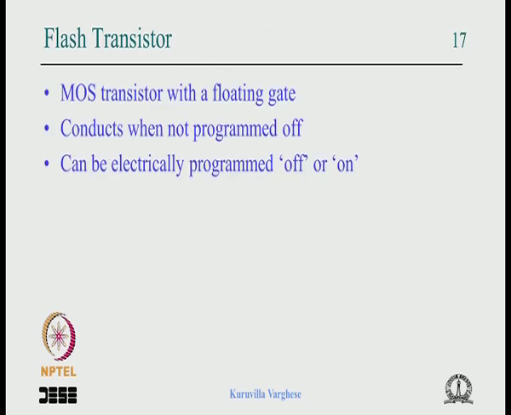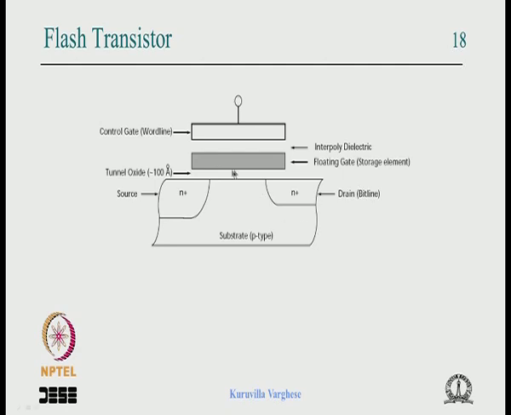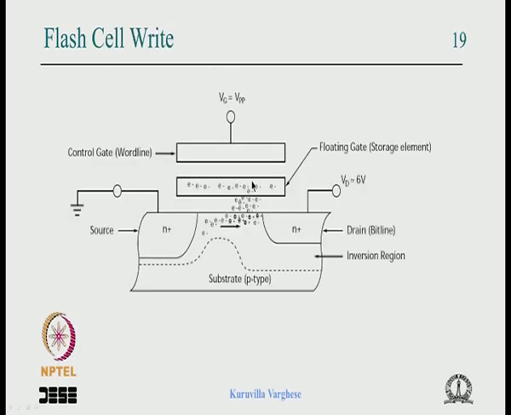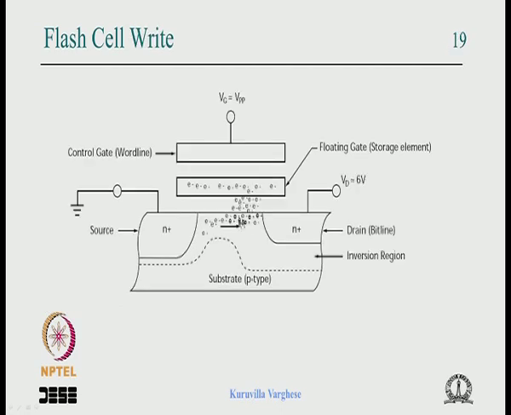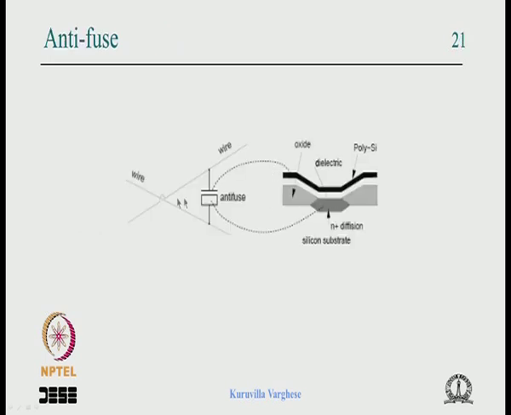And flash transistor is a normal transistor with a floating gate which can be turned off by trapping electrons. It can be erased electrically with a polarity opposite to that of the writing. Antifuse is where, between the wires in the layers, something is deposited, and normally it is not conducting, and when you apply a voltage it conducts.